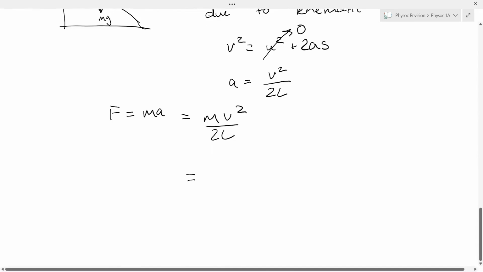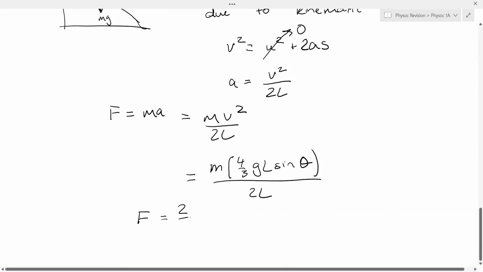So our force is going to be equal to mass times 4/3 g L sine theta over 2L. And this gives me a total result for force equal to 2/3 g sine theta times m.